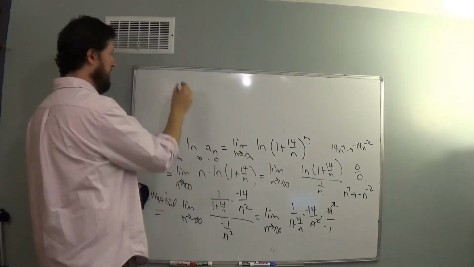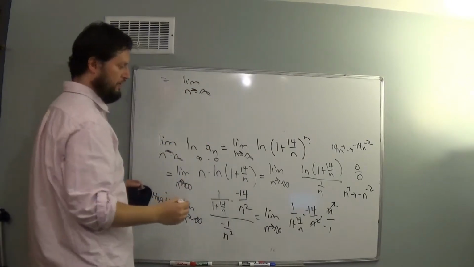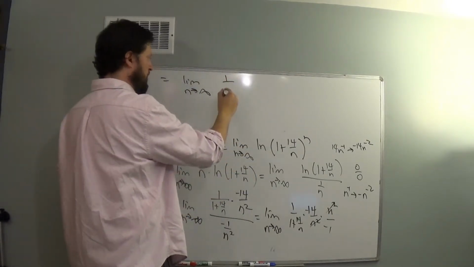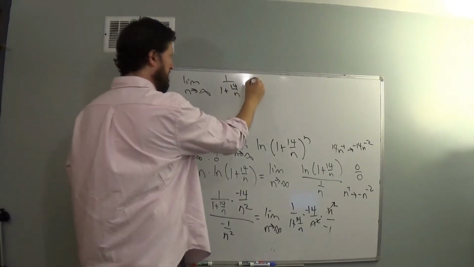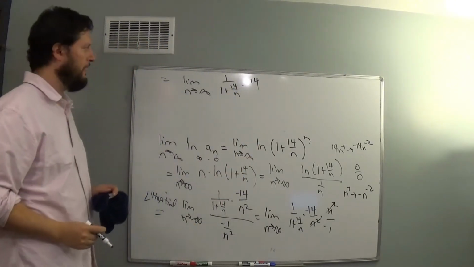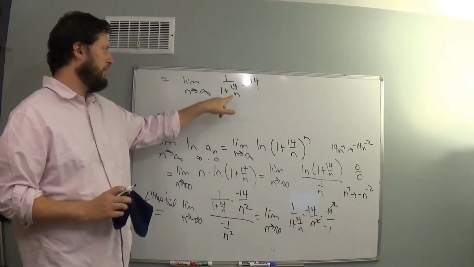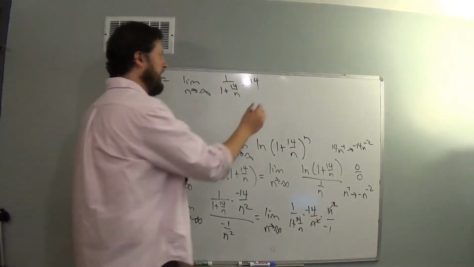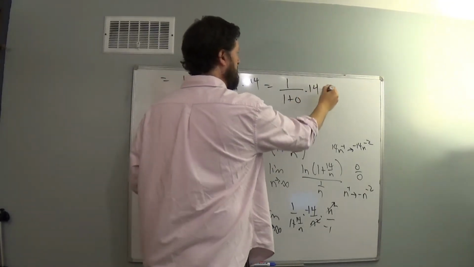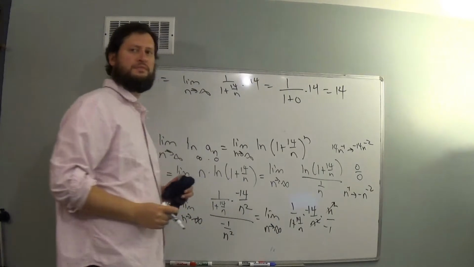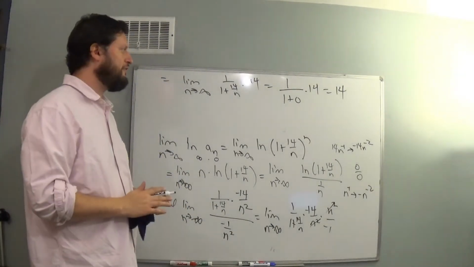And that leaves me with the limit as n goes to infinity of 1 over 1 + 14/n times 14. Now what happens? When I plug n equals infinity in, this goes to 0, and I get 1 over 1 plus 0 times 14, which is 14. But we're not done. The limit is not 14.